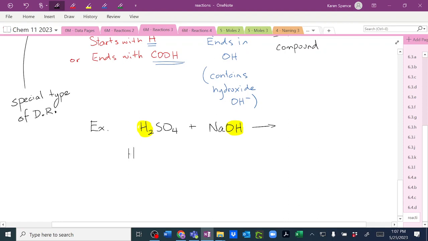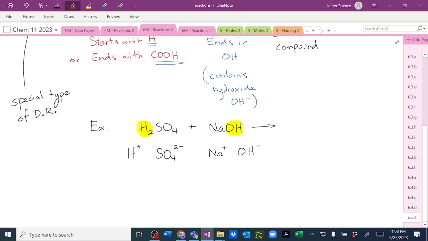H. And what is its charge? Just plus. Okay, so +1. And then, of course, we have SO4. And we can look up its charge. It is 2 negative. The positive ion in NaOH is Na plus. And the negative ion is OH minus.